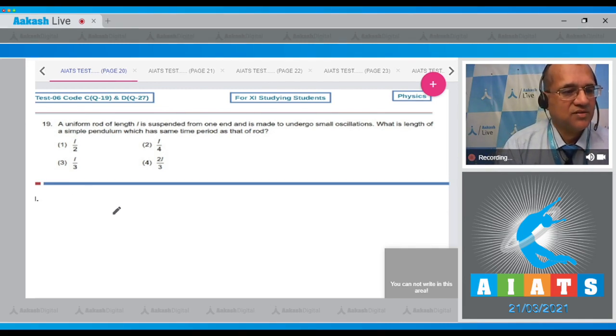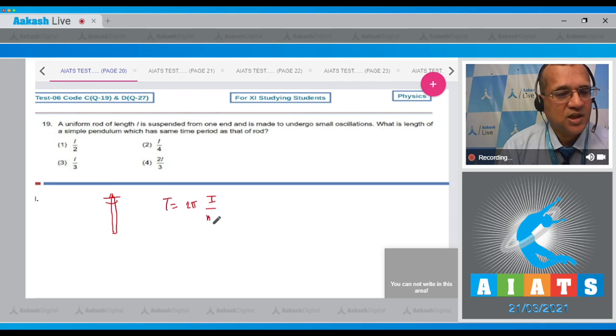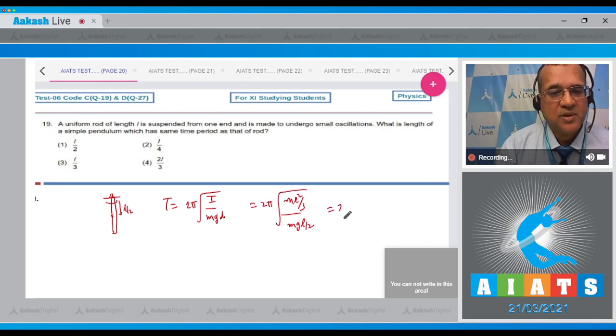Now dear student, this is a rod of length L suspended from this point, so the time period is 2 pi root of I upon m g d. d is the distance of the center of mass from the point of suspension, which is L by 2, and the moment of inertia about this point is m L square by 3. So its time period becomes T equal to 2 pi root of 2L by 3g.